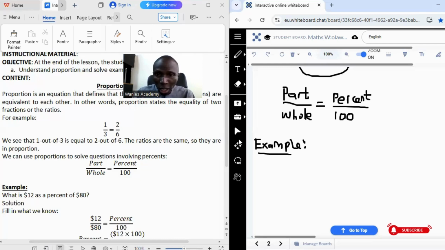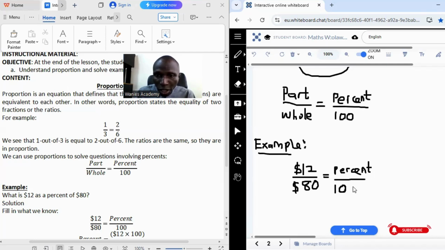From here, we have the part to be $12, and we have the whole to be $80. We are asked to find the percent, which we don't know, so we have percent over 100.